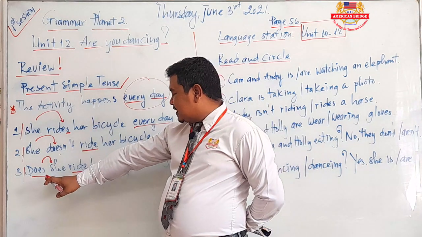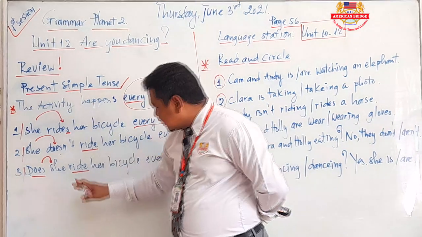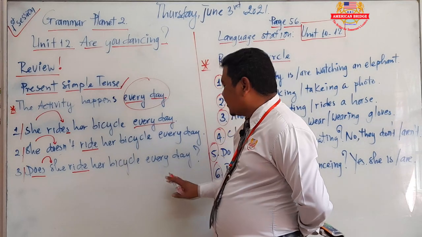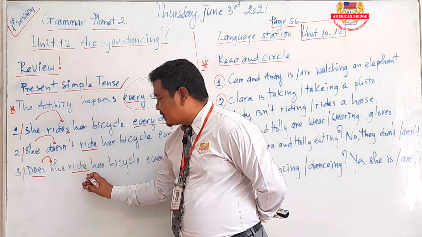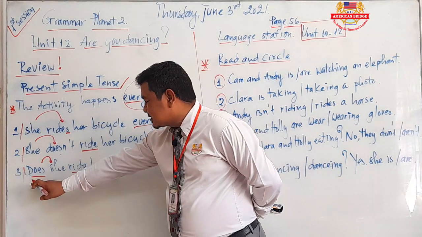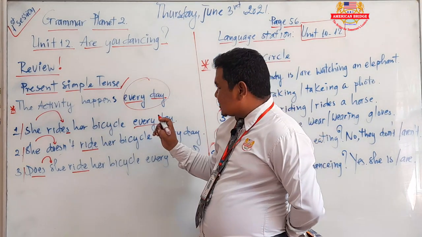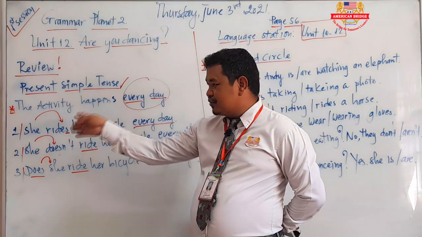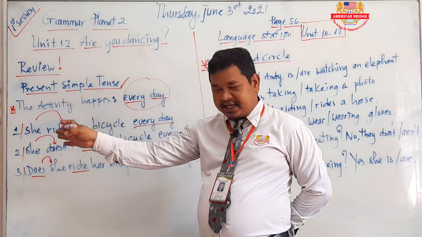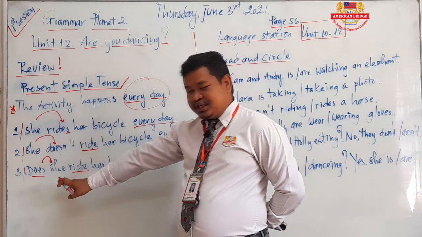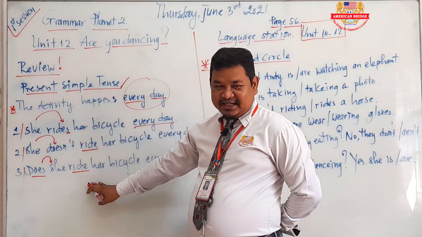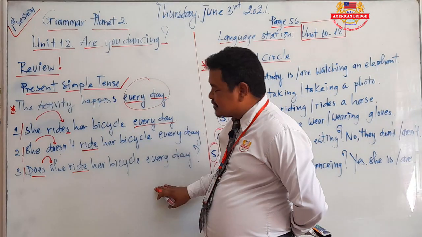Okay, number 3: does she ride her bicycle every day? Can you see? The verb ride is normal because we have does. So if you want to make a question in the present simple tense, you have to put do or does at the beginning of the sentence, and after that you put the subject and then the verb and object, like that.